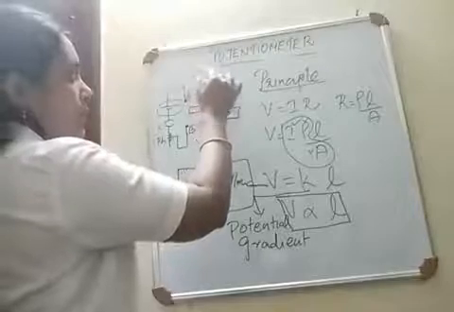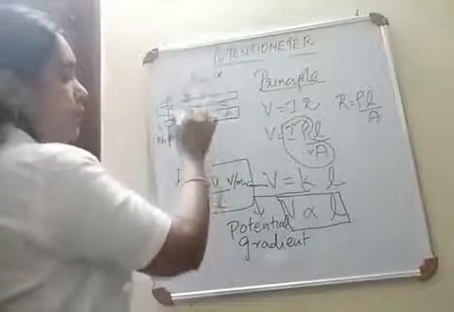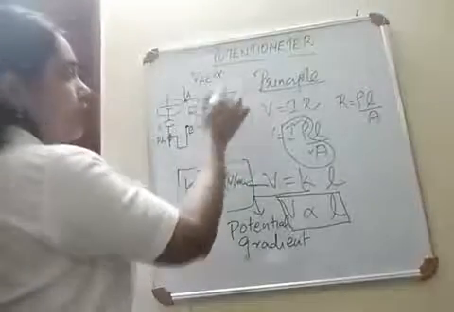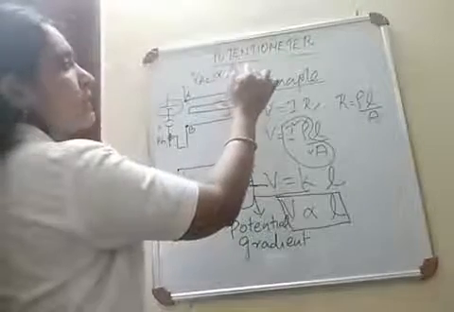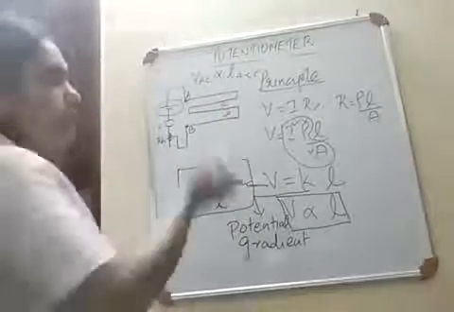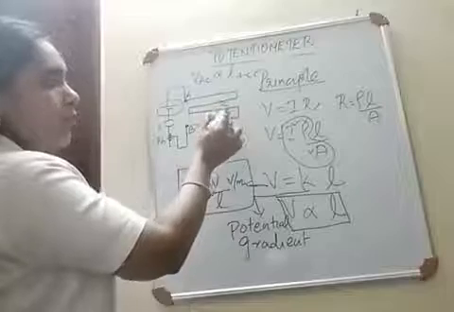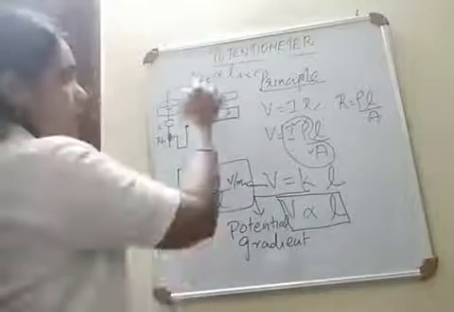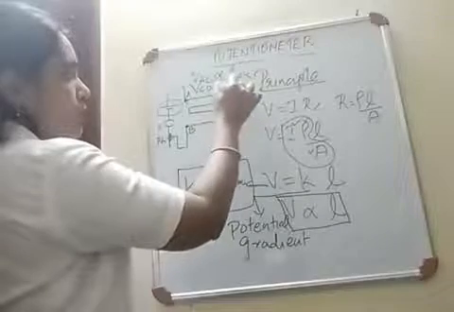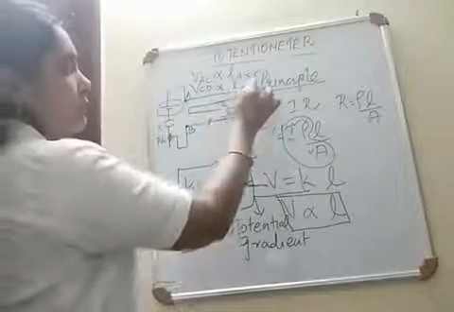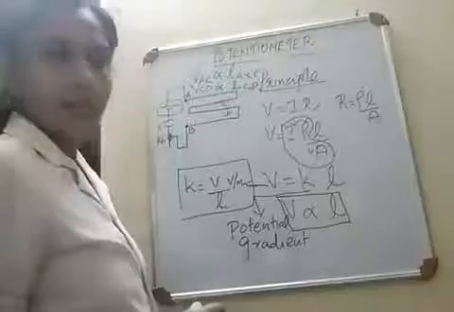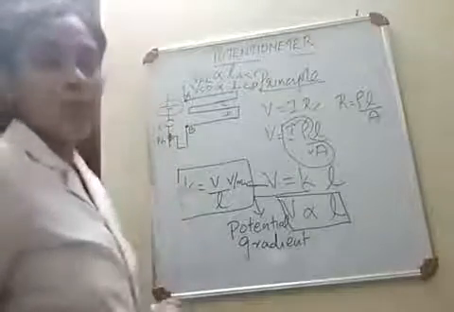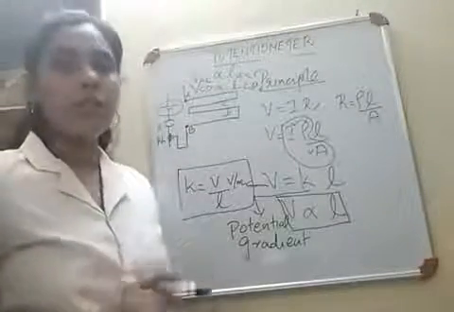The potential drop across A, C will be proportional to the length of the wire from A to C. Suppose we need to find out the potential drop between these 2 points C and D. So the potential drop across CD will be proportional to the length of the wire from C to D. So this is the principle of our potentiometer.